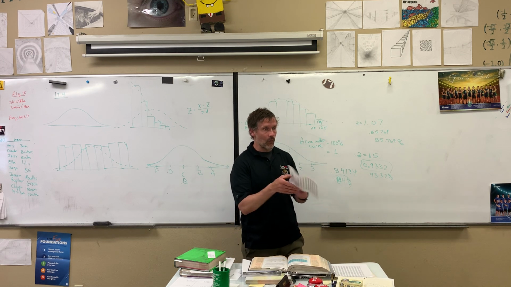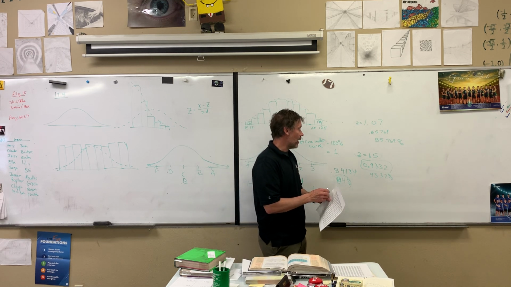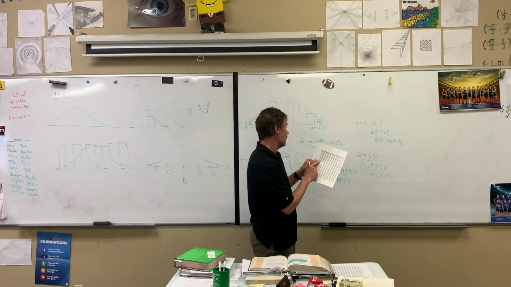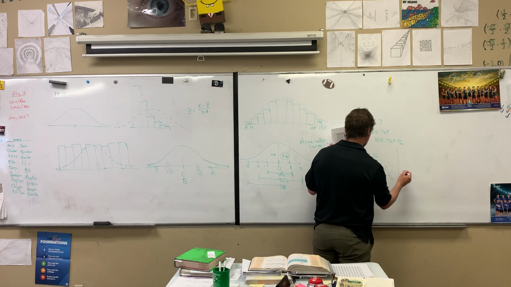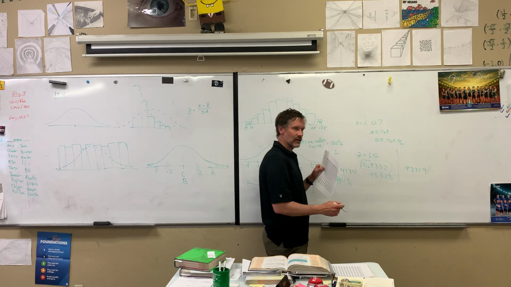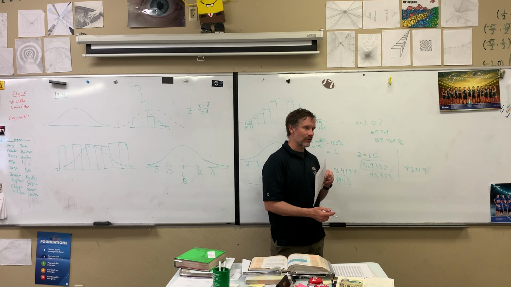In the white sheet, if you wanted a z-score of 1.5, you just go to 1.500, and it gives you 0.93319, which, if you round that, is 0.9332.